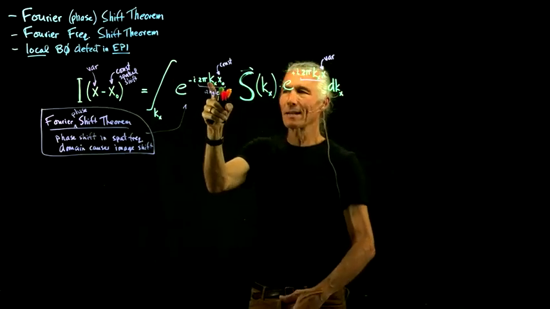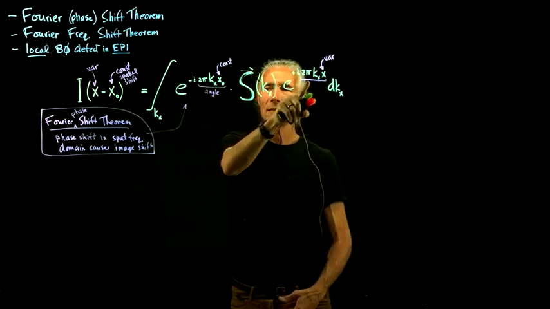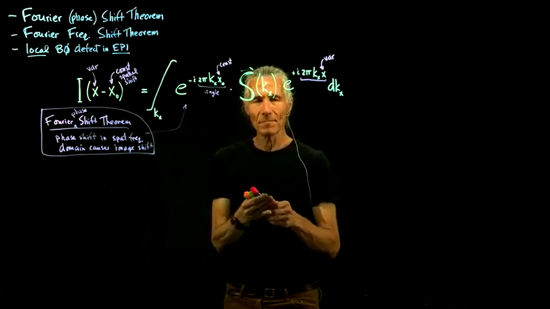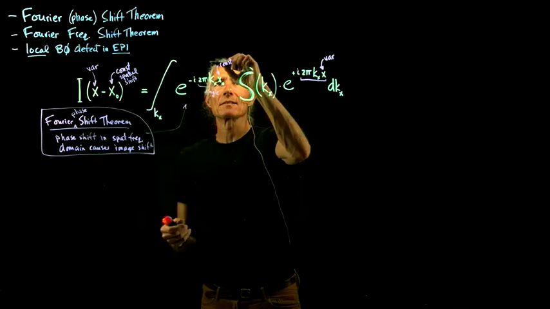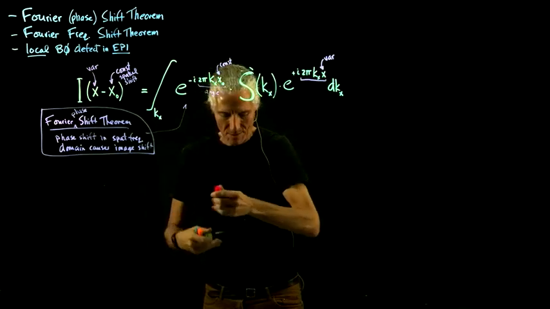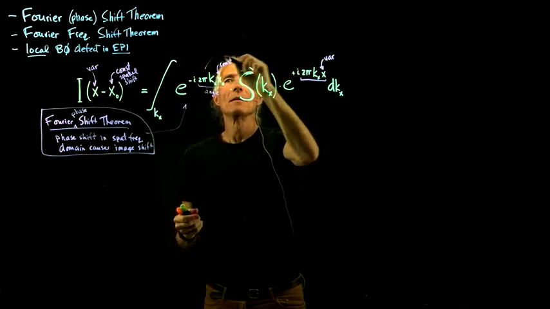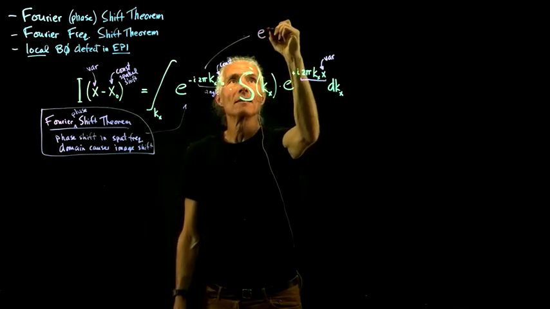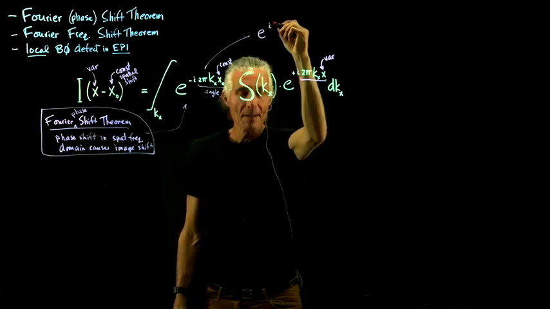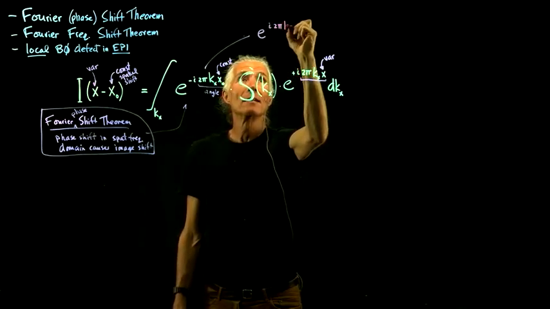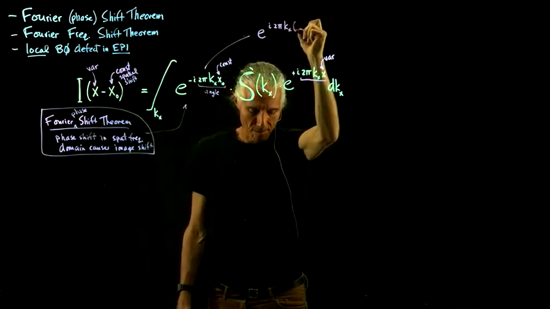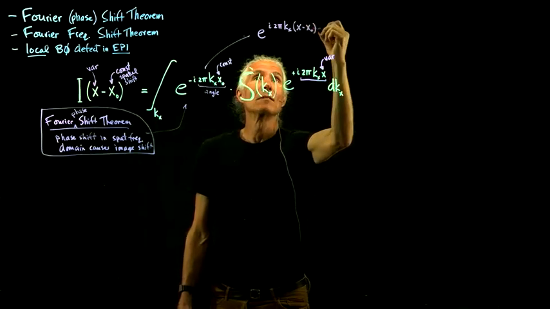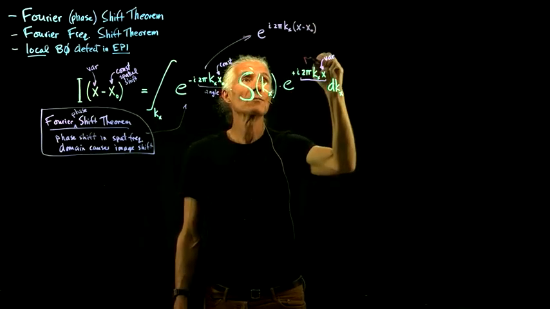So if we combine these two, we essentially get e to the i 2 pi kx, and then just x minus x0. Basically we just combine those two.